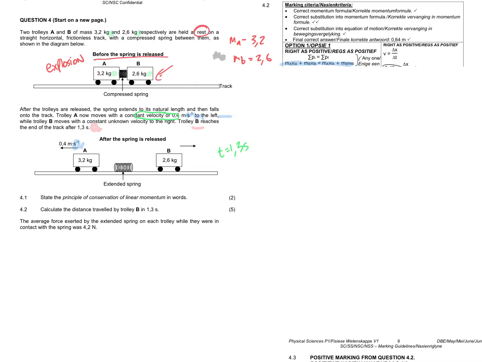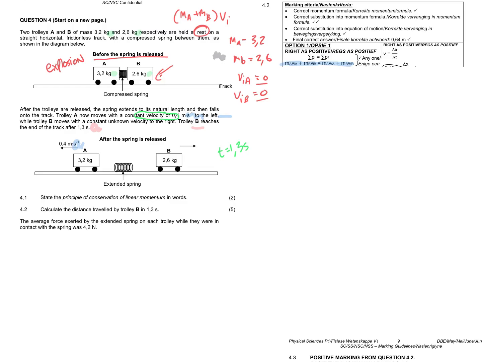It's at rest, which means viA and viB are both 0, which is why you could write the left-hand side of this thing as mA plus mB and then just have one initial velocity. Because it's an explosion, they start out together and end up apart. But otherwise, you just sub in 0 twice.